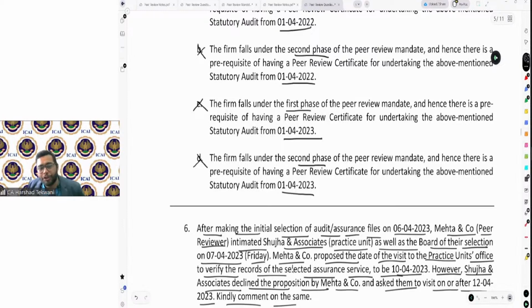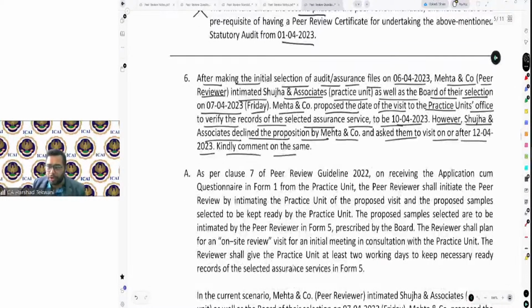Now, what procedure says? Let's see the answer. As per clause 7 of peer review guidelines 2022, on receiving the application cum questionnaire, the peer reviewer shall initiate the peer review by intimating the practice unit of the proposed visit and the proposed sample to be kept ready by the practice unit.